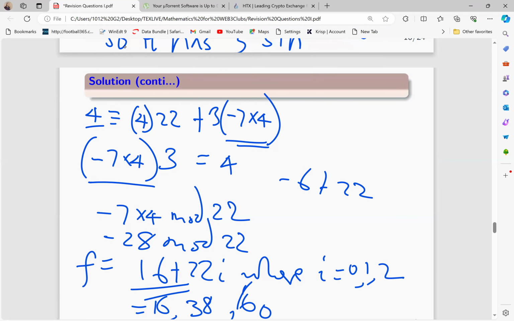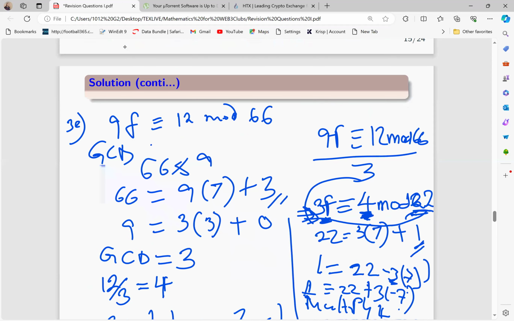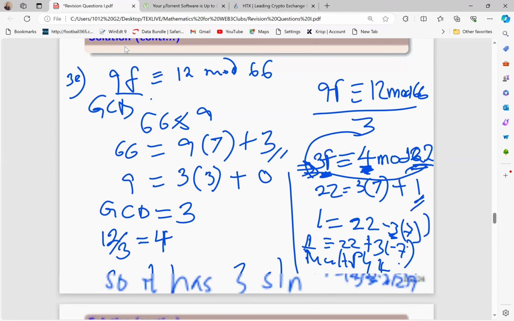You come to the original equation, then you put 16 here. What is 9 times 16 mod 66? You get 12? Yes, let's try the other one.